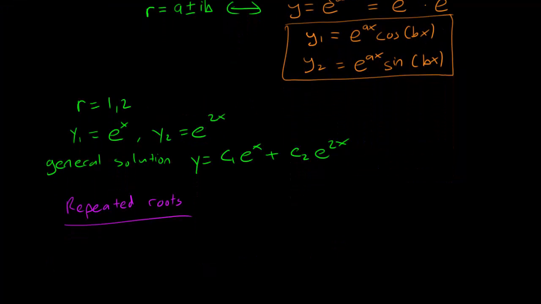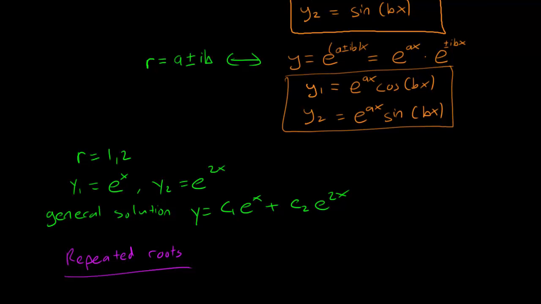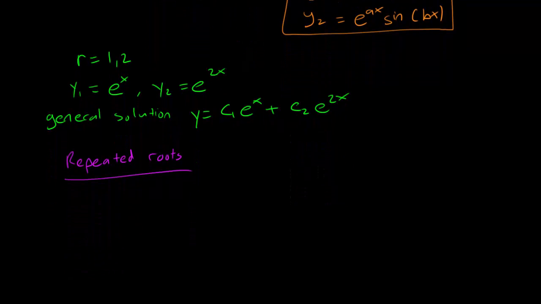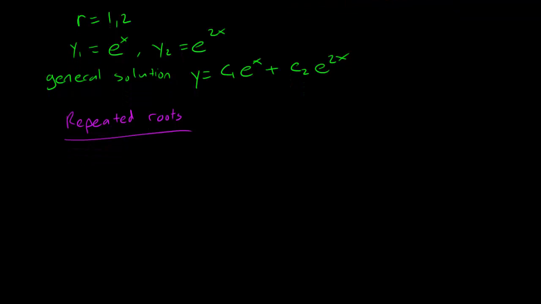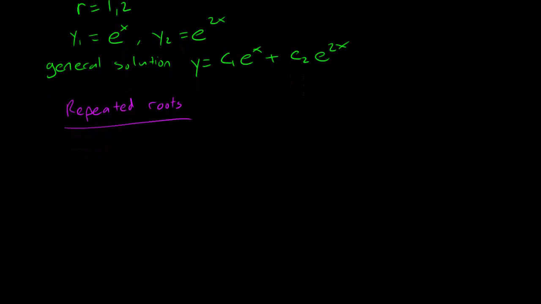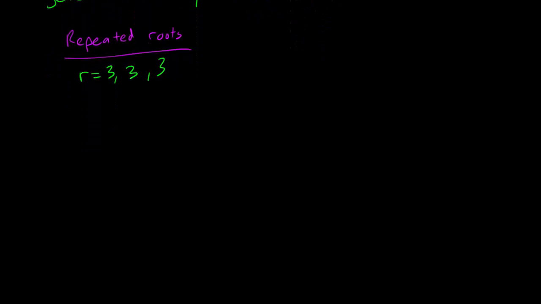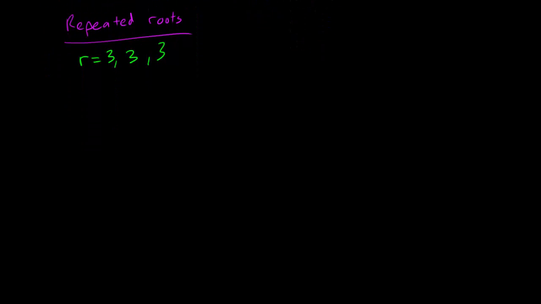But remember that for the general solution, we need your different solutions to be linearly independent, and this poses a problem when we have repeated roots. Let's say, for example, our polynomial has the root r equals 3 repeated 3 times.